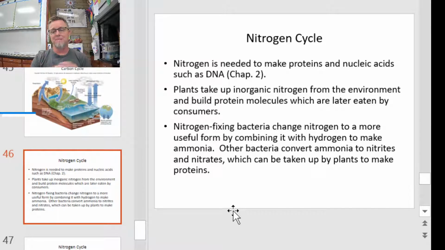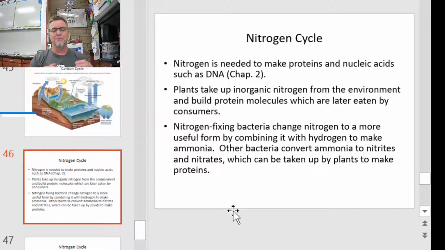Those nitrogen-fixing bacteria are kind of the only creatures on Earth that can break the triple bond that exists between two nitrogen atoms and convert that nitrogen into other things like nitrates and nitrites or maybe even ammonia that organisms further down the food chain can make use of, right?